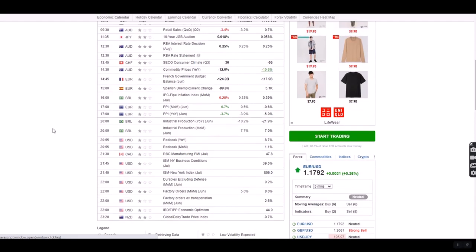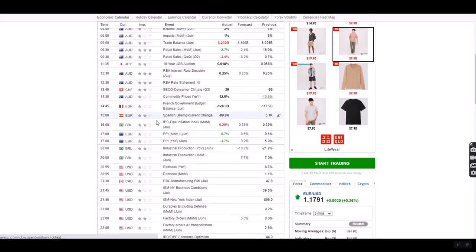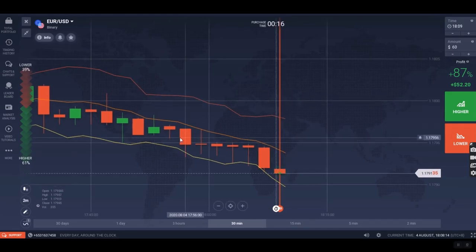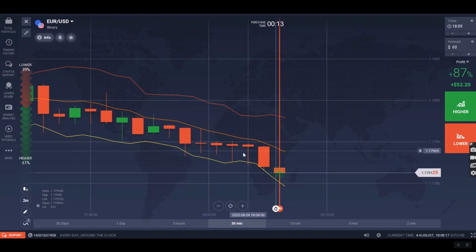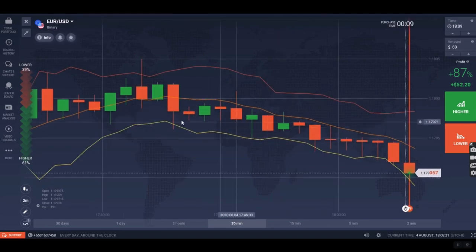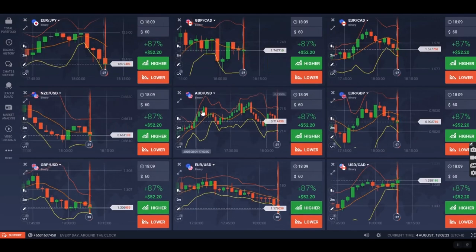Then you can see clearly that around this timing there is news coming out and it will affect the market. That's where you see more volatility and the market going in just one direction because of the news outbreak.